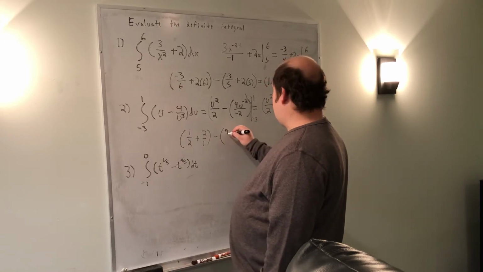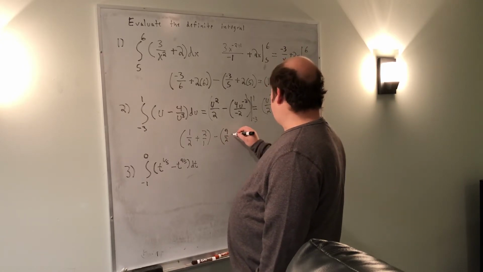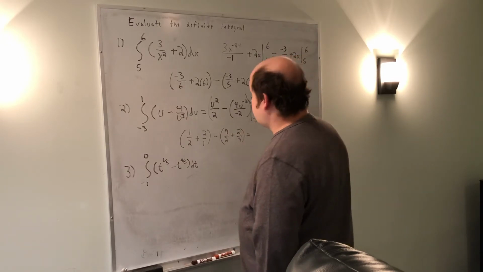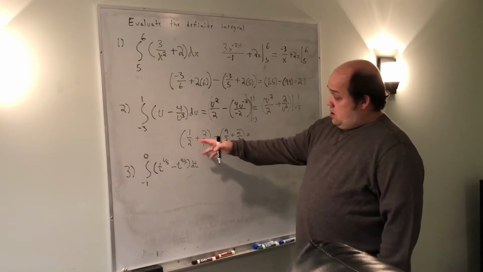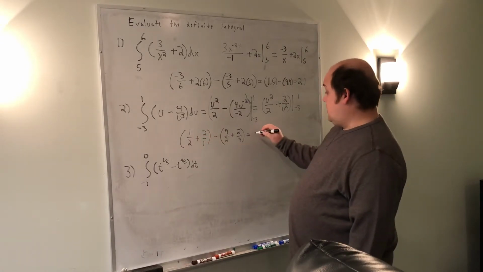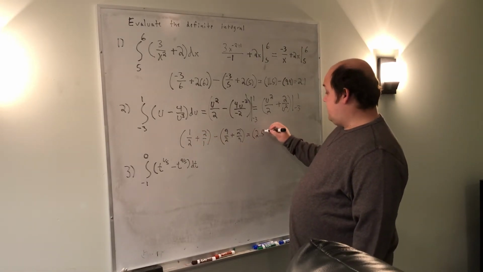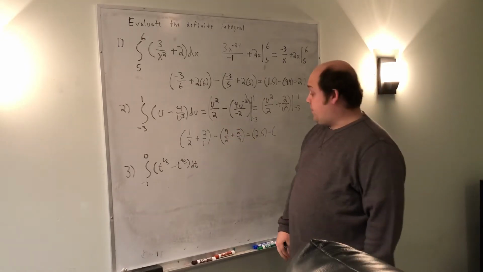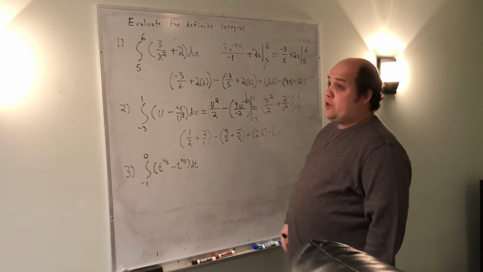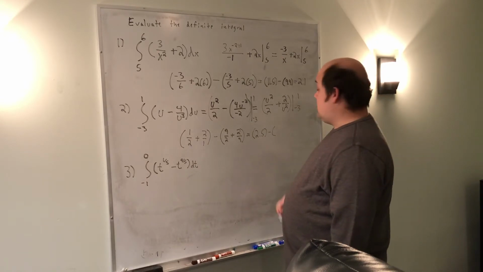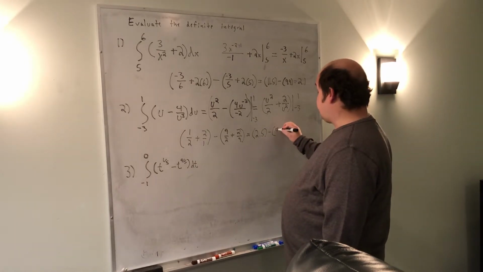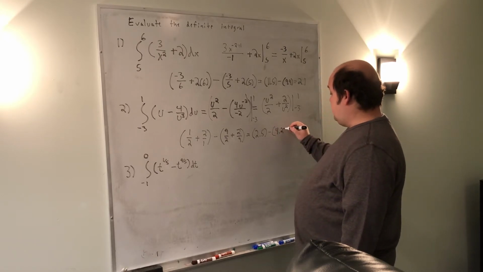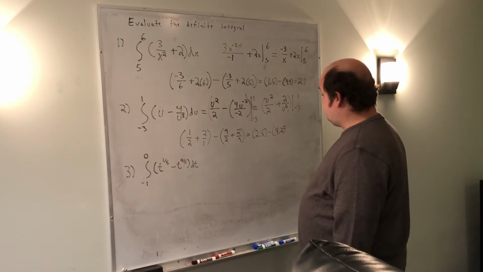That gives me 9 over 2 plus 2 over 9. 1/2 plus 2 gives me 2.5, minus 9/2 is 4.5. 2/9 is 0.222 repeating. So that would give me 4.27 repeating.